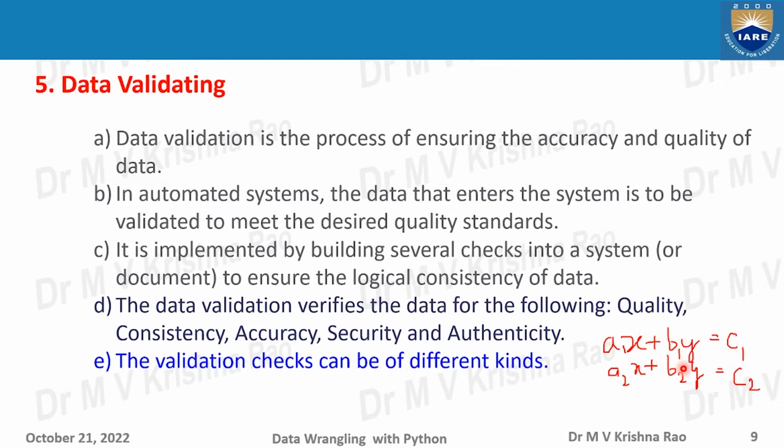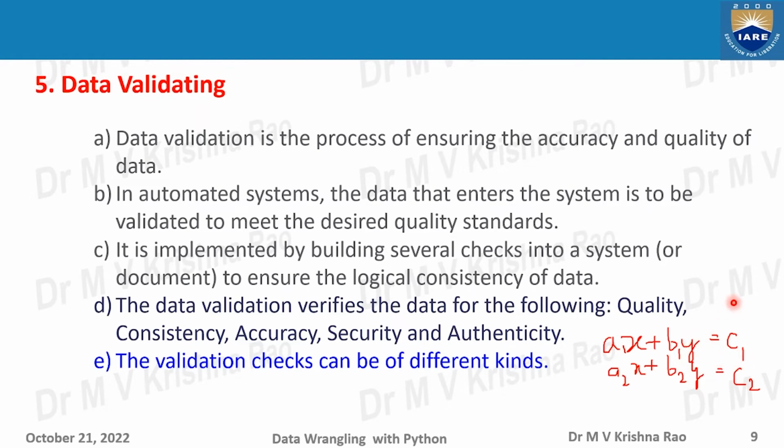And I am finding the solution for this, that is x equal to 2, y equal to 5. So 2 comma 5 is the solution. Now when you substitute, this equation should be satisfied. When I substitute in the second equation also, it should be satisfied.